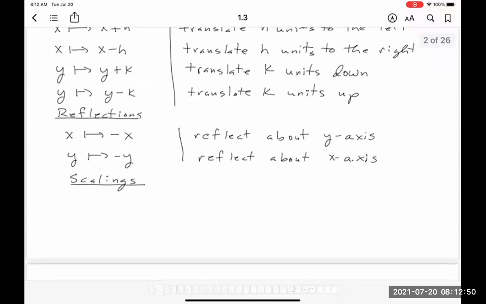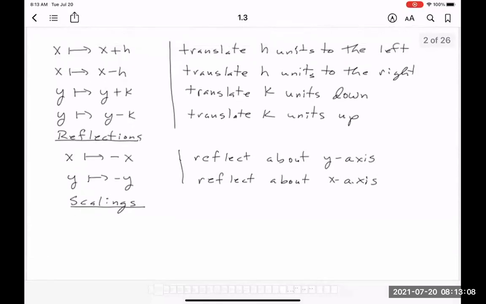Now, let's replace y by y plus k. Again, just remember, this is a rule. Math is backwards. So just like last time, when I added h to x, I went h units in the negative x direction, now when I add k to y, I will go k units in the negative y direction.